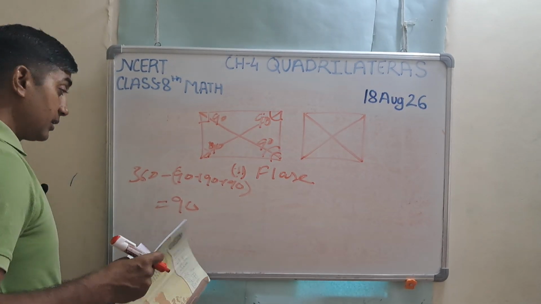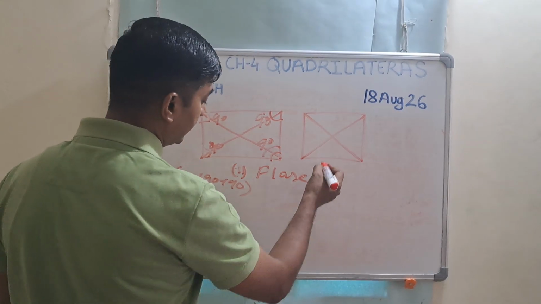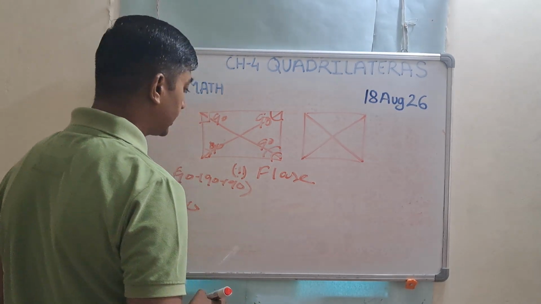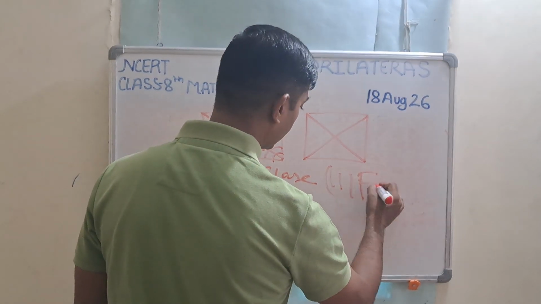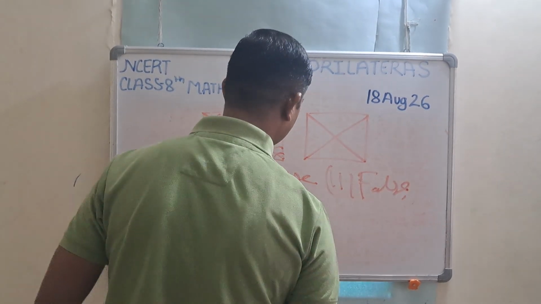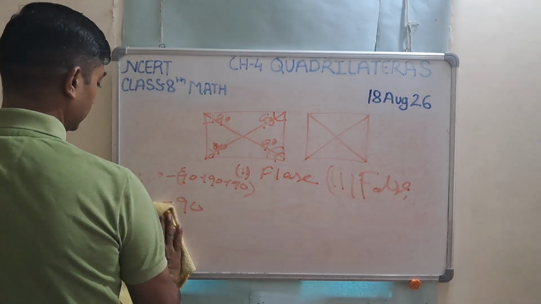Then since they are saying must, it may be a rectangle or it may be a square. So second is also false.